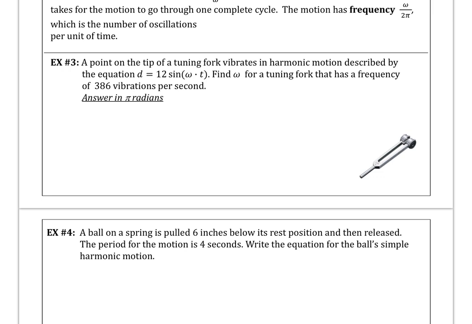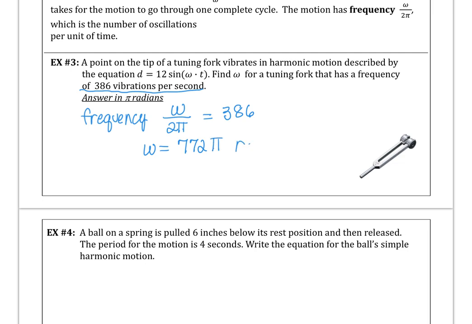They gave us the frequency, which in our definition above is omega over 2 pi, and here they're telling us the frequency is 386 vibrations per second. So if we solve for omega, omega is 772 pi radians per second.